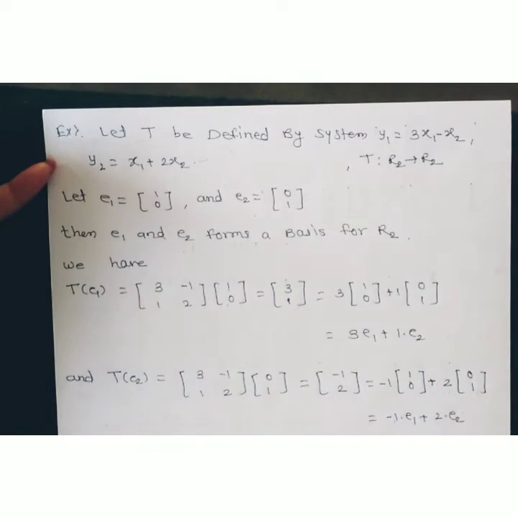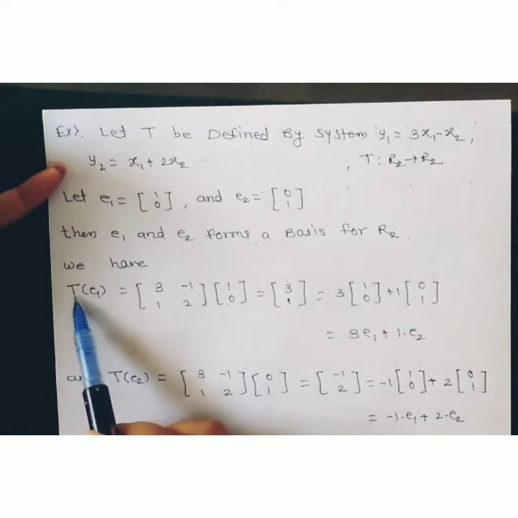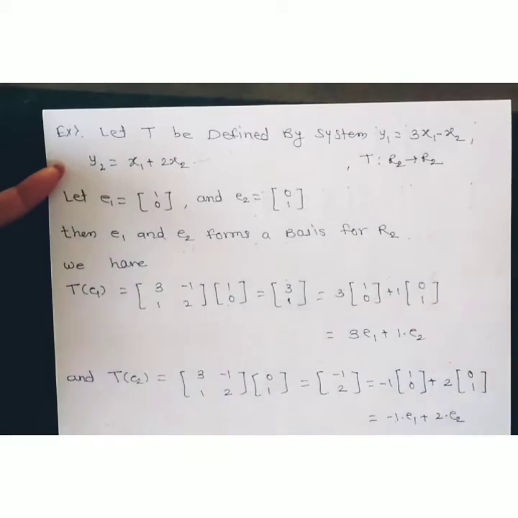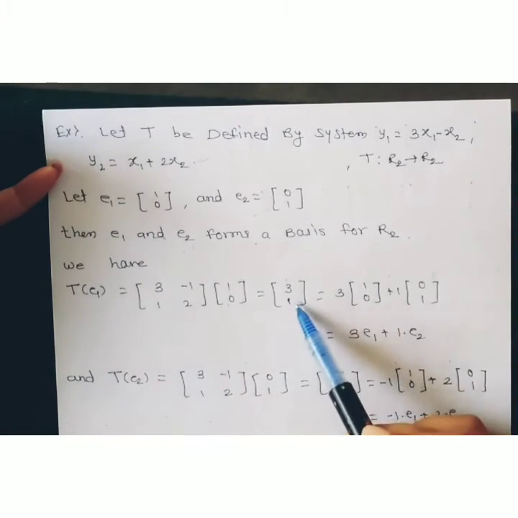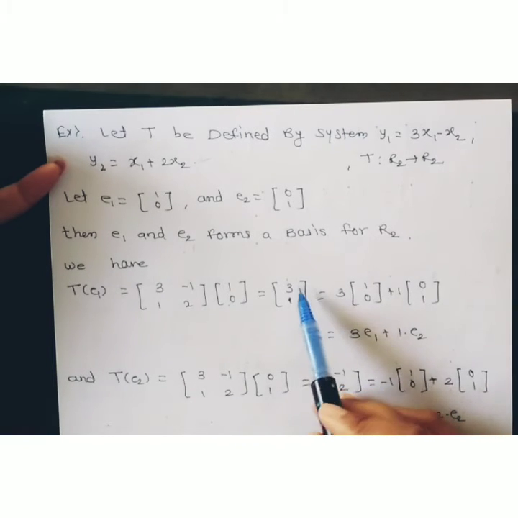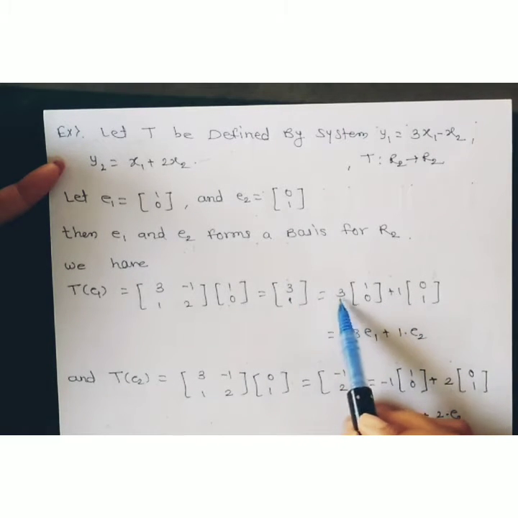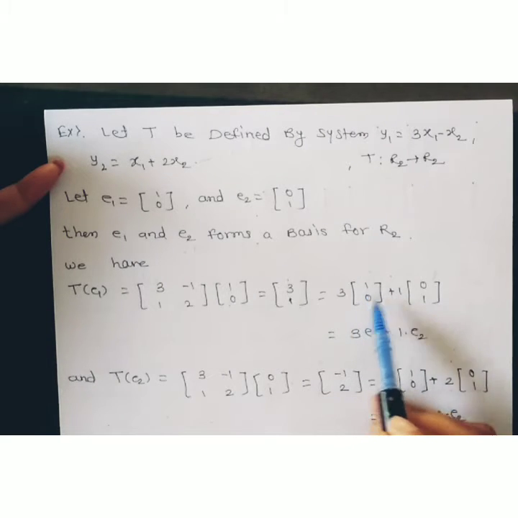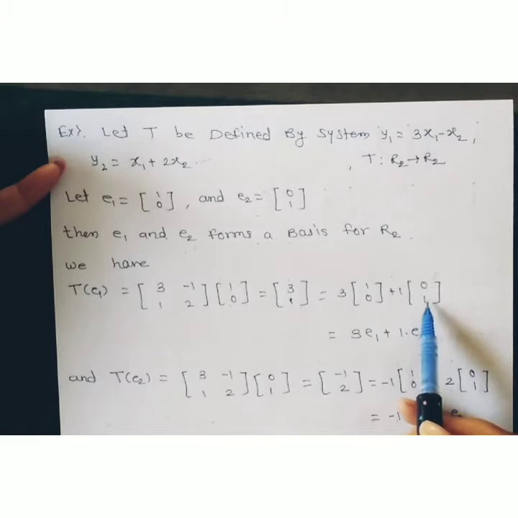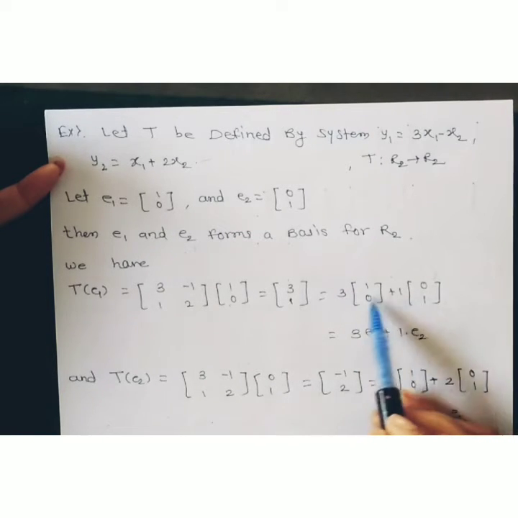Now we have to express T of e1 as a linear combination of the basis vectors e1 and e2. It can be expressed as 3 into e1, which is (1, 0), plus 1 into (0, 1). Now take the addition of these two.